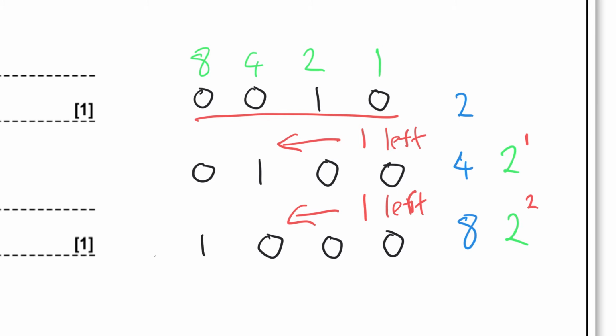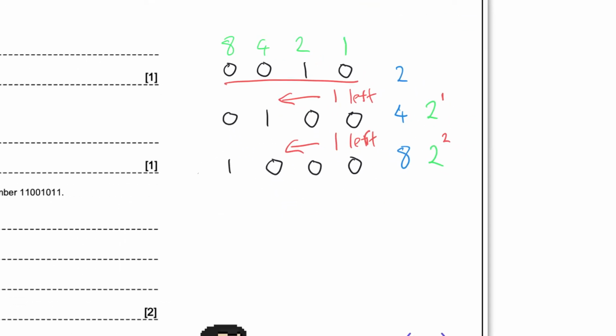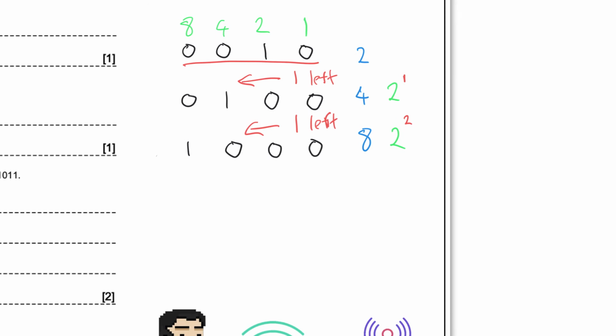If you can go to the right, let's come up with another example down in here. Let's say we had 0, 1, 1, 0, and I did it 2 to the right. If every single time we go 1 to the left, it doubles, every time we go 1 to the right, it halves, so it divides by 2.